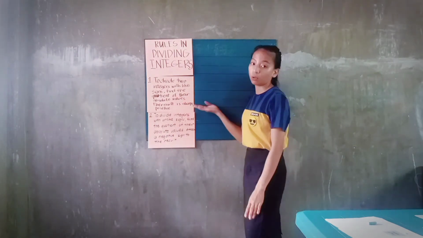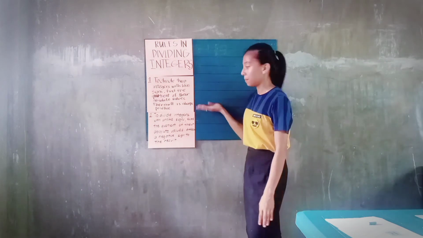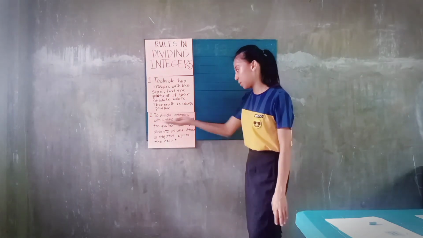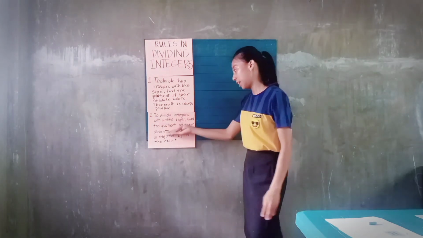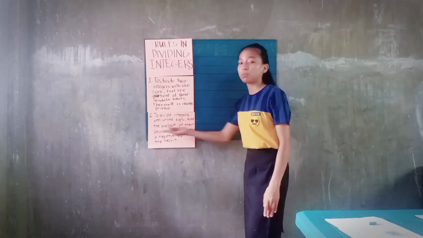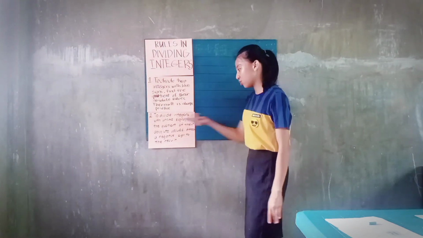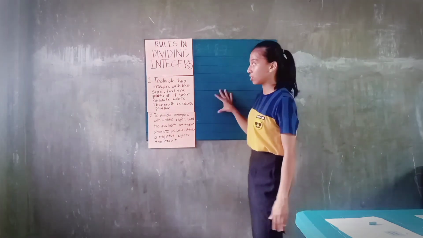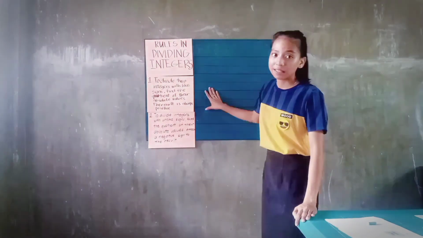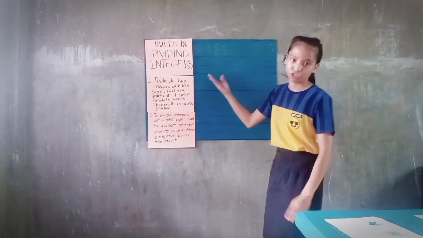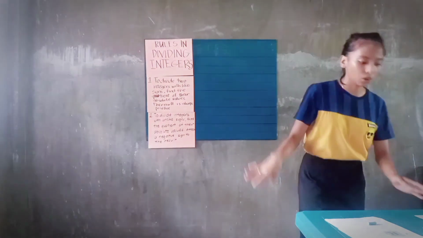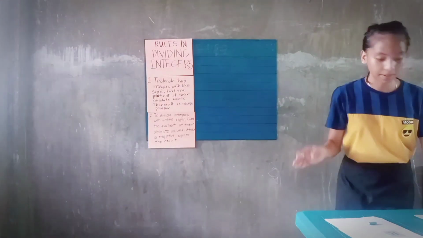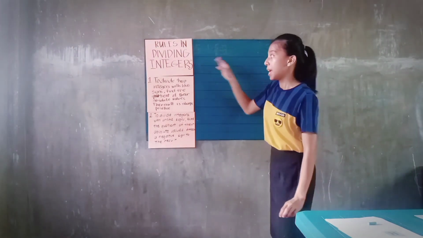The result is always positive. To divide the integers with unlike sign, find the quotient again of their absolute values, attach a negative sign to their result. Parang katulad lang din siya ng rules in multiplying integers. Hindi kayo malilito doon dahil the same lang sila. Pagkakaiba nga lang, division ito.